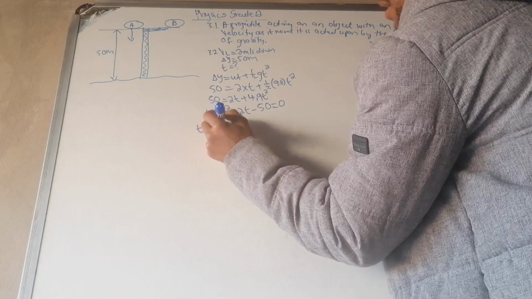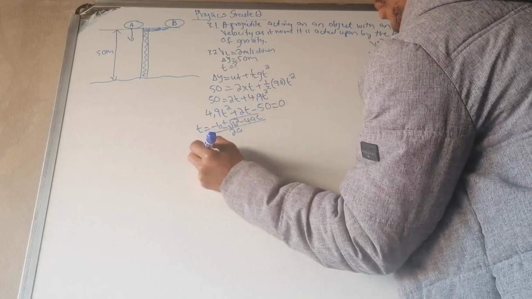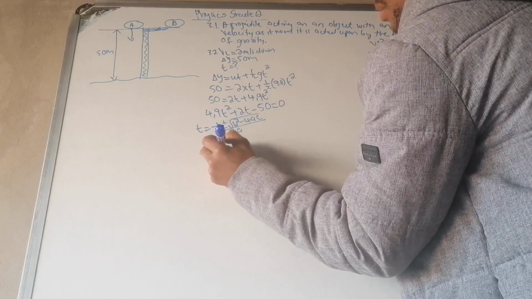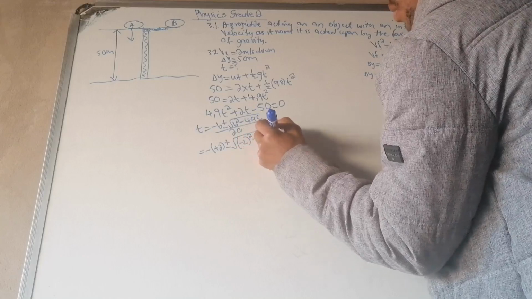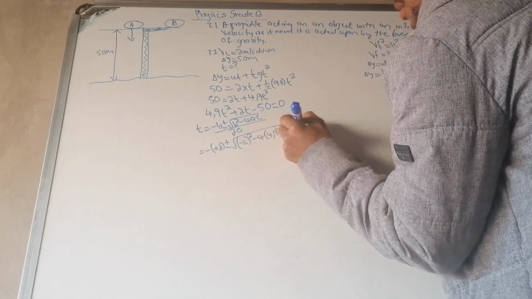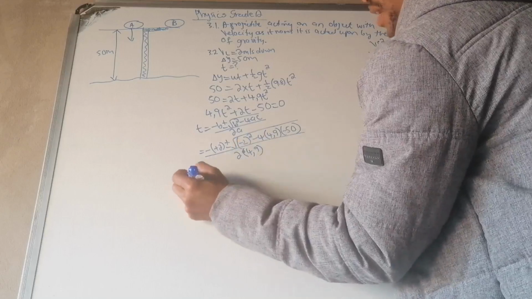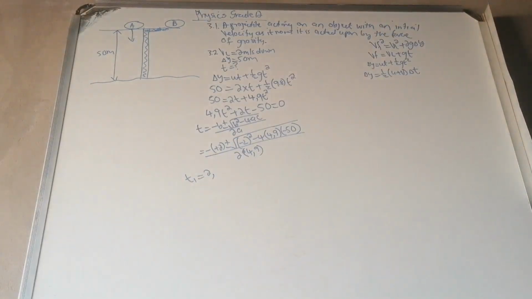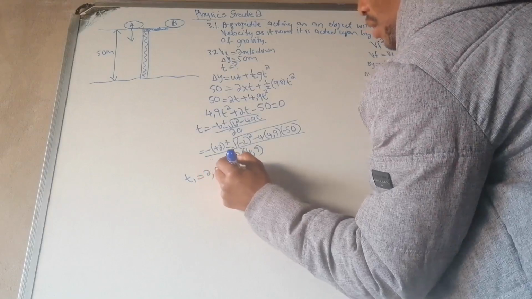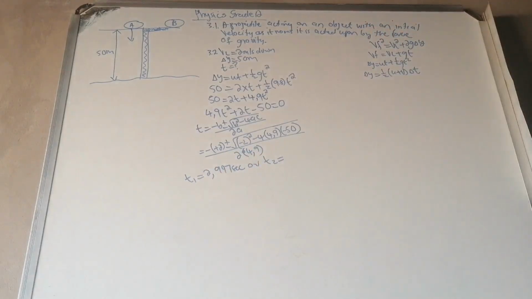So t equals minus b plus or minus the square root of b squared minus 4ac, divided by 2a. Minus into positive 2, plus or minus the square root of minus 2 squared minus 4 into a into c, divided by 2 into a, and I find the first t as 2.997 seconds, or t2, as we know that we are going to get a negative number and time cannot be negative.